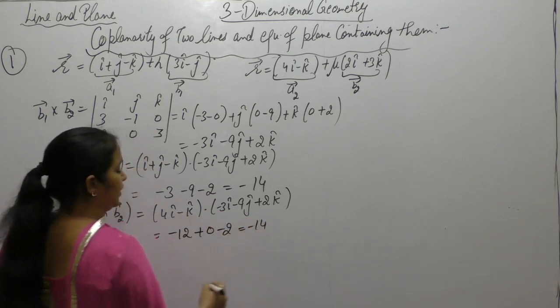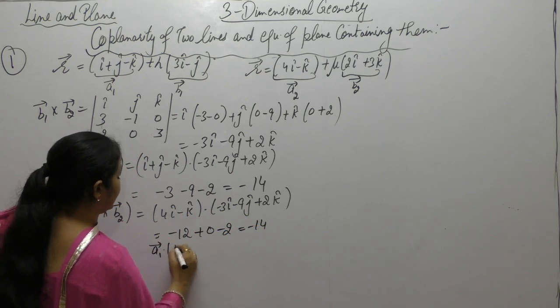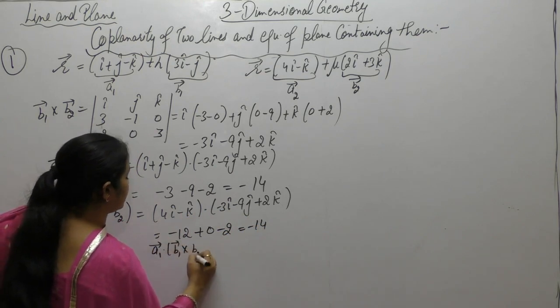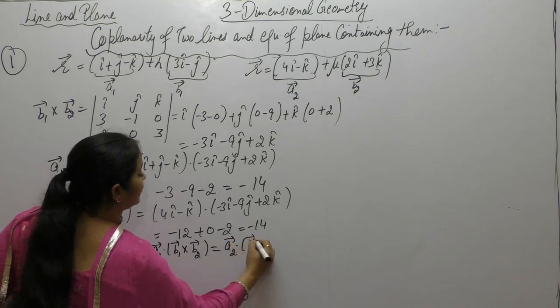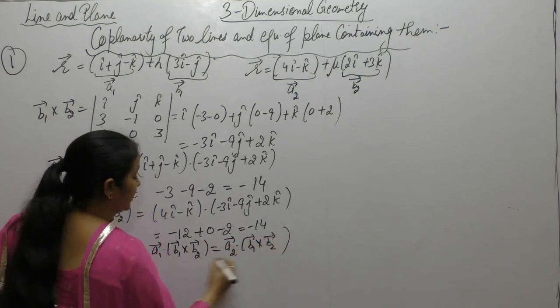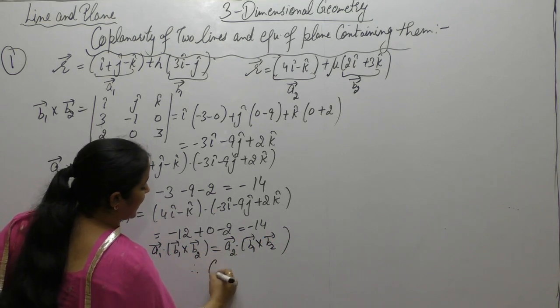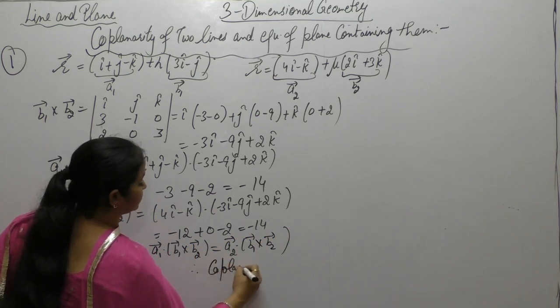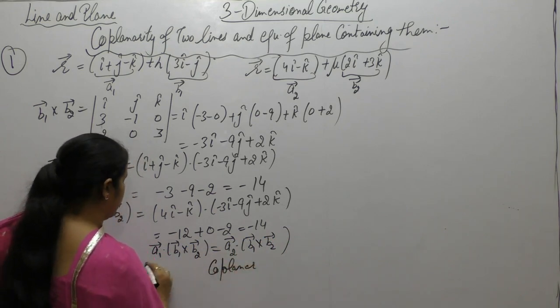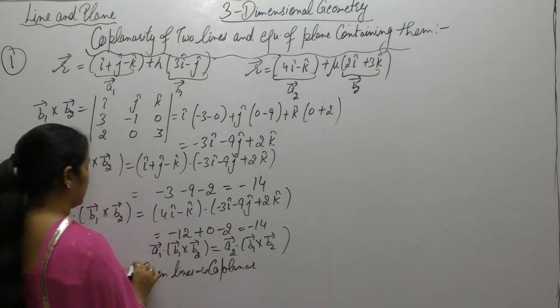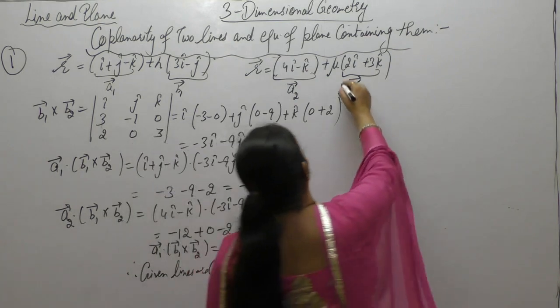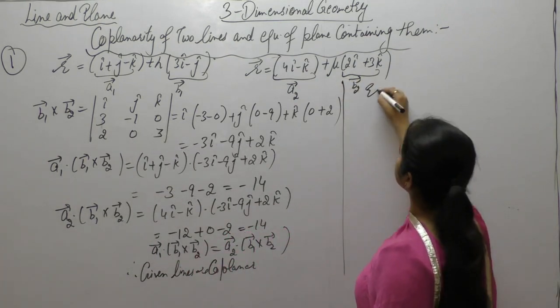So minus 14. a1 vector dot b1 cross b2 is equal to a2 vector dot b1 cross b2. Therefore, the given lines are coplanar.